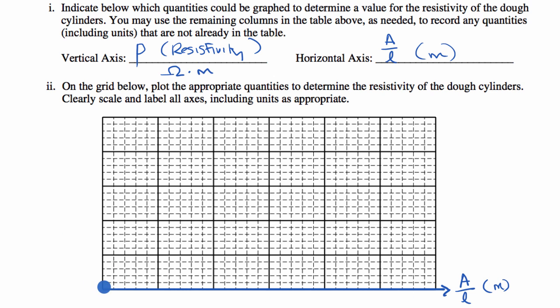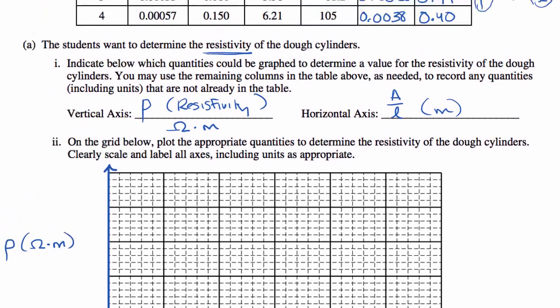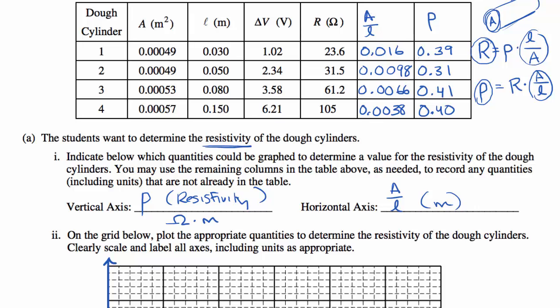And then in our vertical axis, we want to plot our resistivity rho, and that's going to be in ohm meters. And now we need to think about the scales. And so the scale of this vertical axis, if we go back over here, we see that all of our calculations for rho are between around 3/10, 4/10, or you could say between 30 hundredths, and I guess we got up to 41 hundredths.